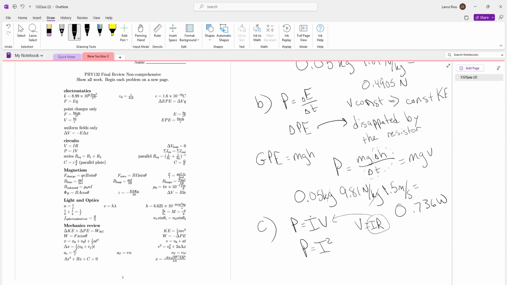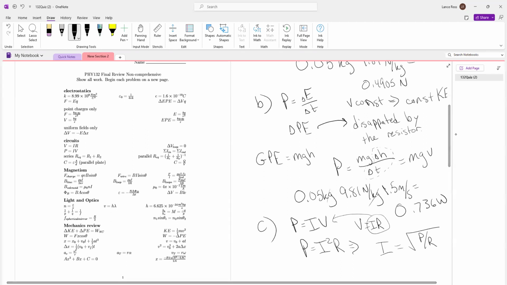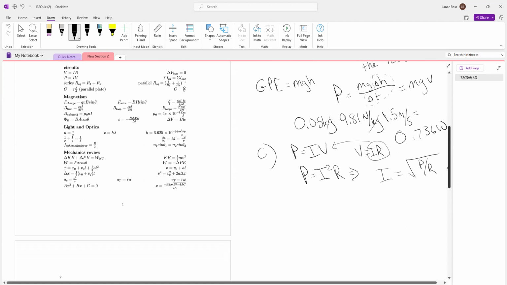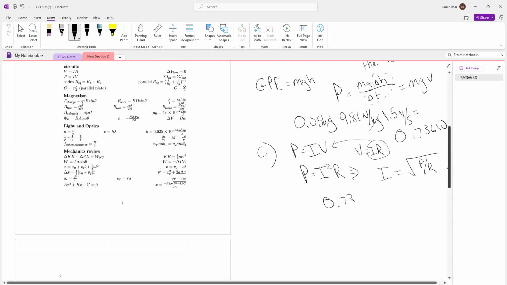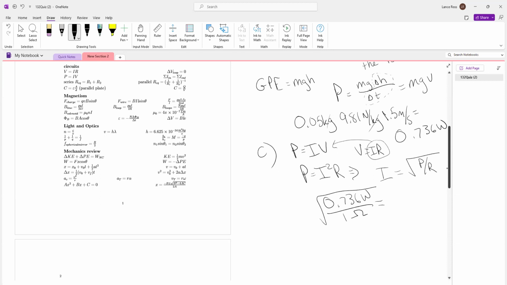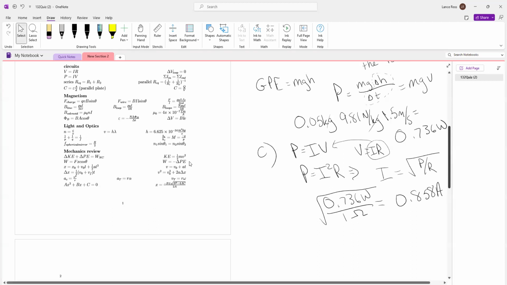Power is I squared R. So I then will be the square root of power divided by resistance. 0.736 watts over 1 ohm, and the square root, 0.858 amps. All right, so now we have the current.